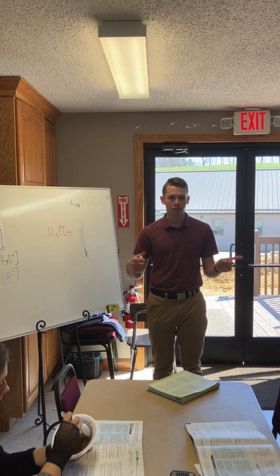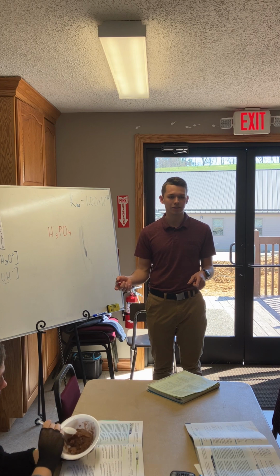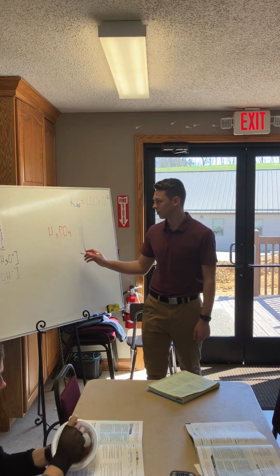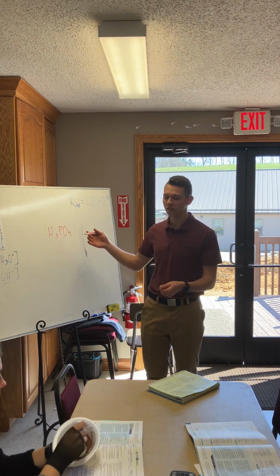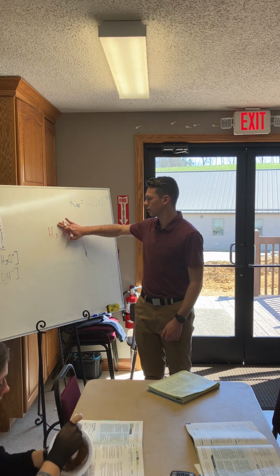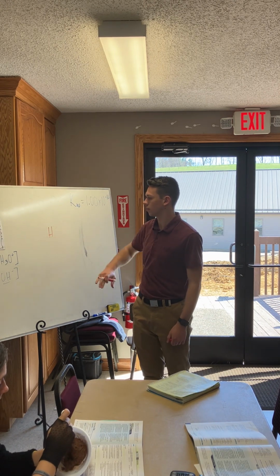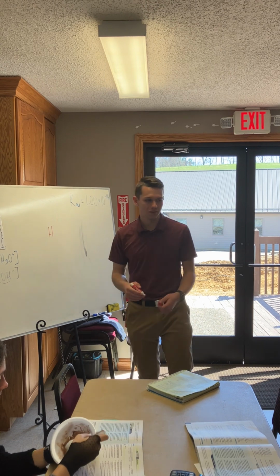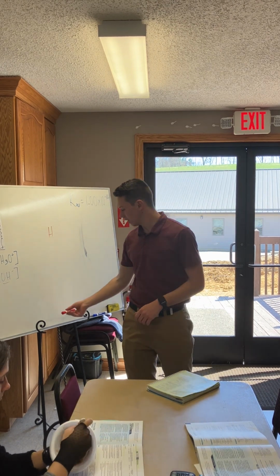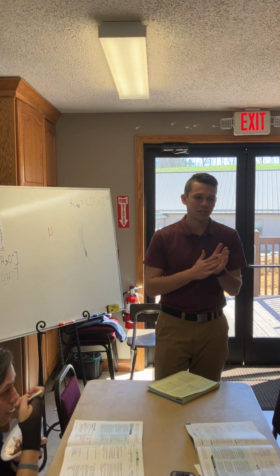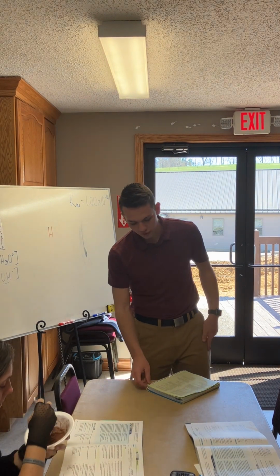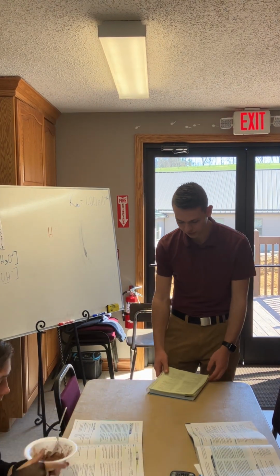If it ends in ite, you change it to ous. So this is phosphate, so phosphoric acid. If you have nitrate, it's nitric acid. If you have sulfate, it's sulfuric, and so on.